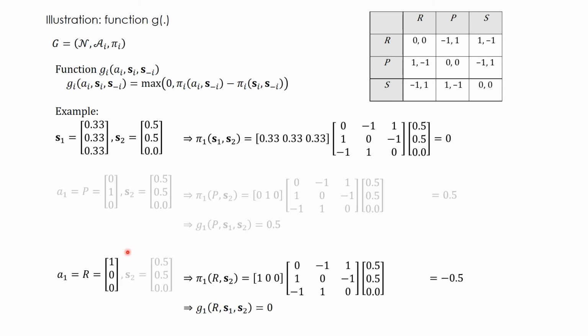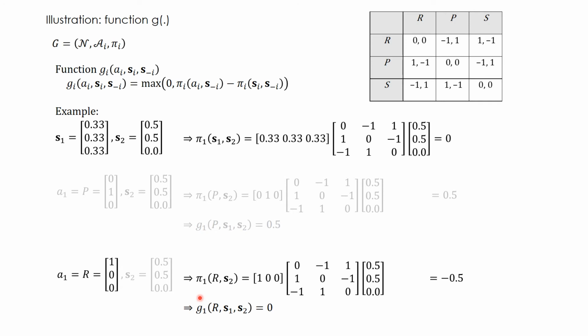Let's consider another action R for the same agent, 1, 0, 0. In this case, now remember that the opponent is playing rock and paper with equal probability and not playing S. It's this strategy here.